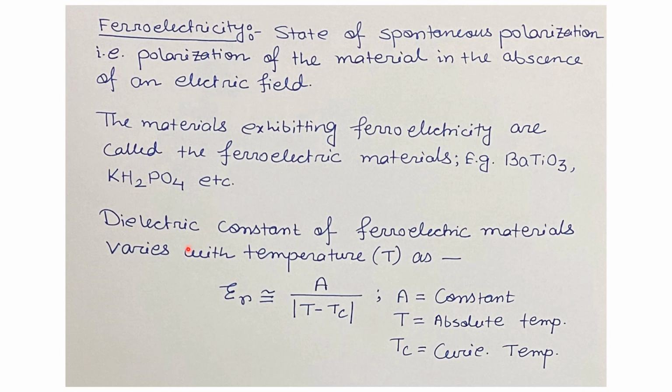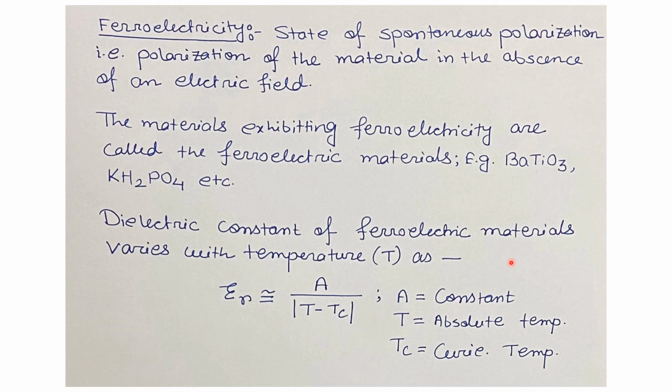Now, the dielectric constant of ferroelectric materials varies as the temperature increases or decreases. The variation of dielectric constant with respect to the variation of temperature is described in the Curie law. So this Curie law depicts that ferroelectricity disappears above a certain critical temperature known as the transition temperature or the Curie temperature or Curie point, that is Tc.